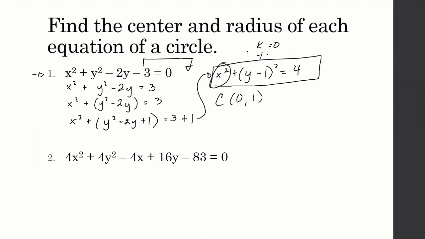So we just need to transpose negative 1 to the other side and make it positive 1. For r squared, it is 4, but again, we need to find the radius. Therefore, the radius is the square root of r squared, the square root of 4, which is 2.